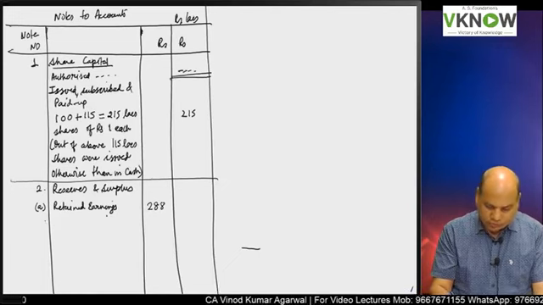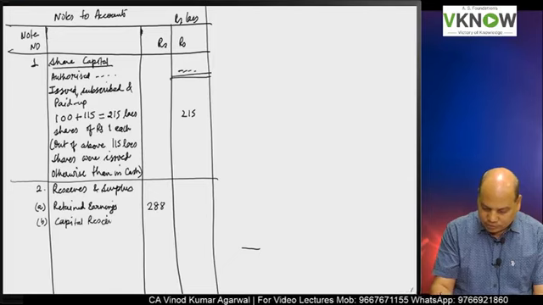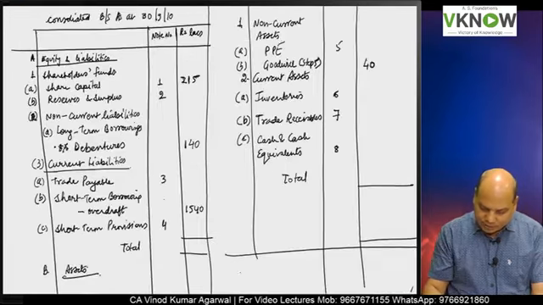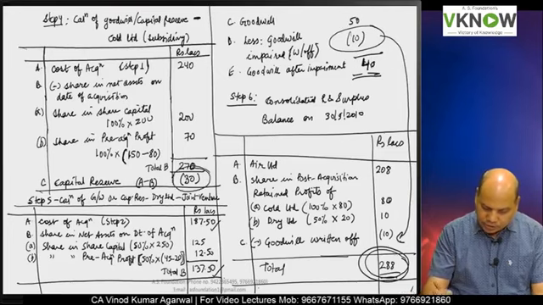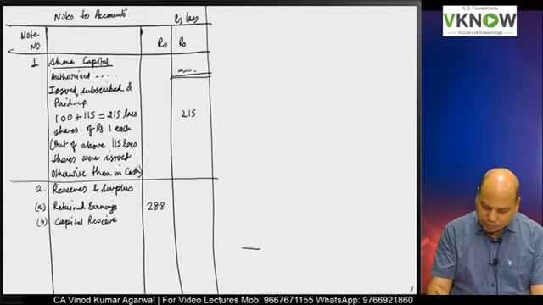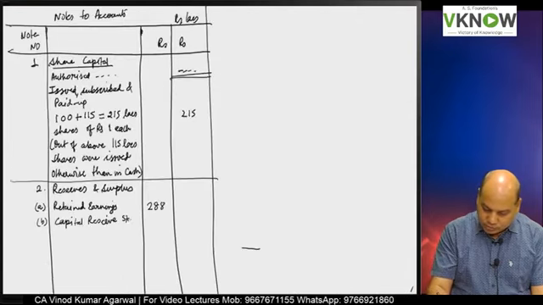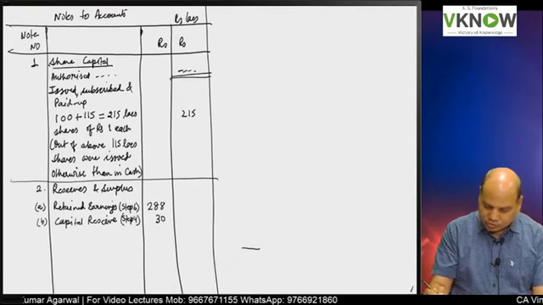Then next, there was a capital reserve in our calculation. Capital reserve, I will show you, 30, step number 4. Capital reserve, step 4, 30. Retained earning, step 6, 288.